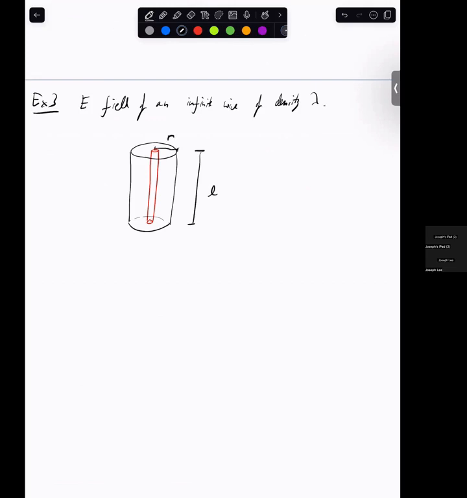I'm going to call it R. And remember that lambda, the linear charge density, is going to be charge over length. So again, we have this integral of E dot dA. This is going to be equal to Q enclosed over epsilon naught. The enclosed charge is going to be the length of the wire we've enclosed, L, times lambda.